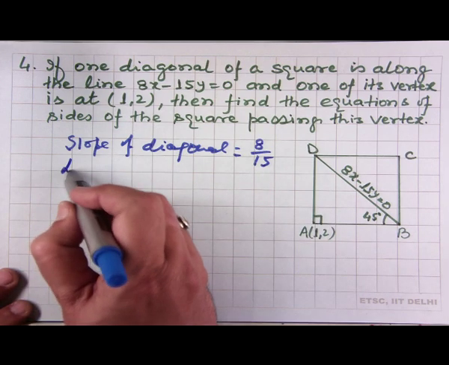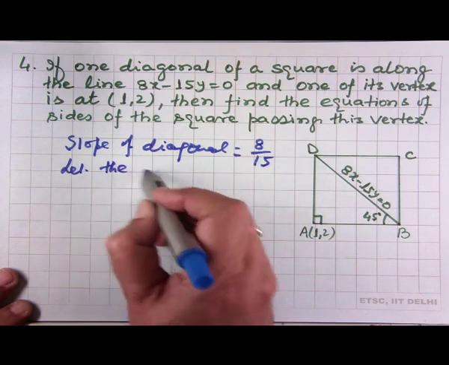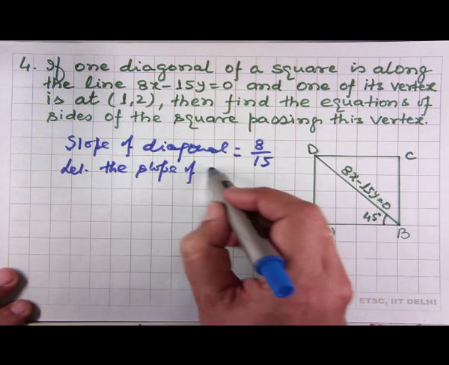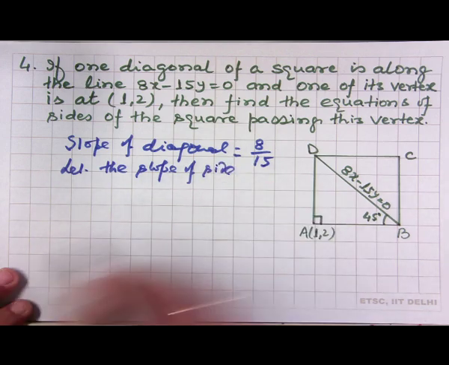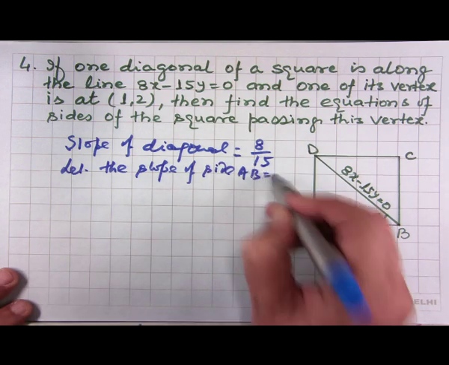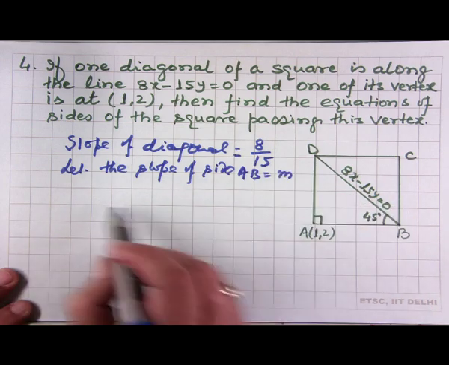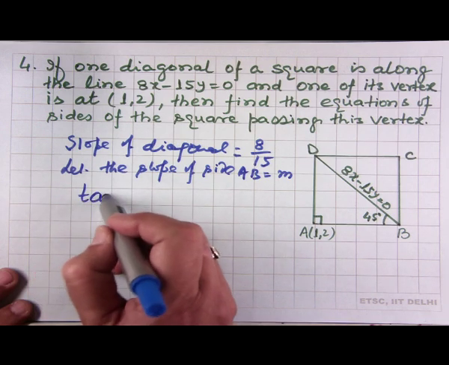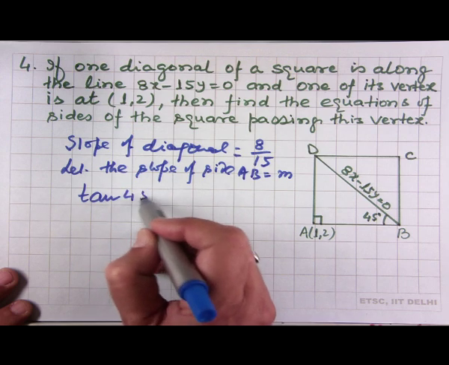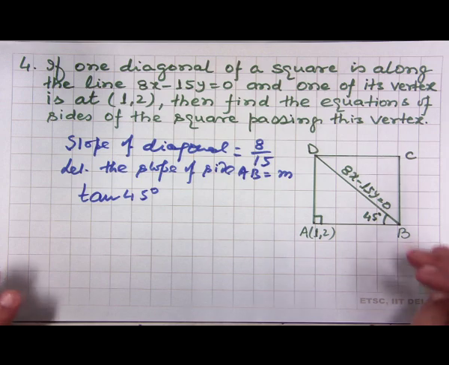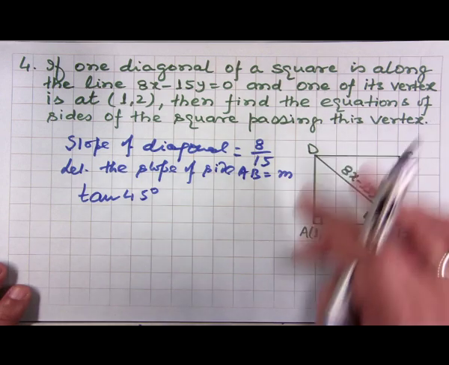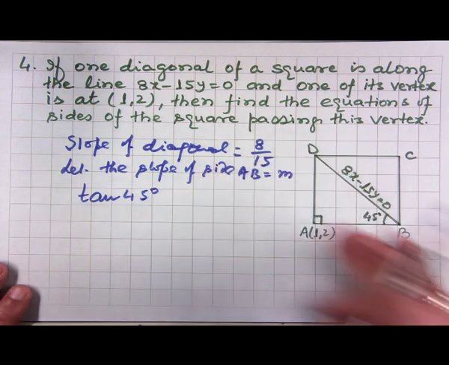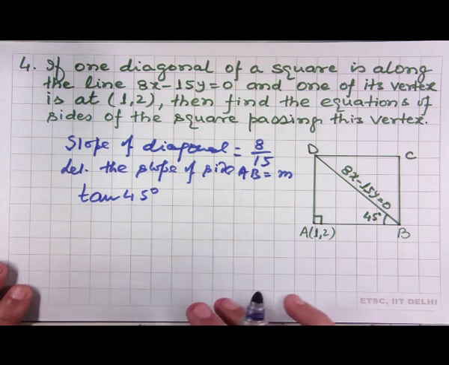And let the slope of side AB be equal to m. So tan 45 degree. Why is this tan 45 degree? Because we know that each angle of a square is 90 degree and the diagonal is the angle bisector. So this is 45 degree.